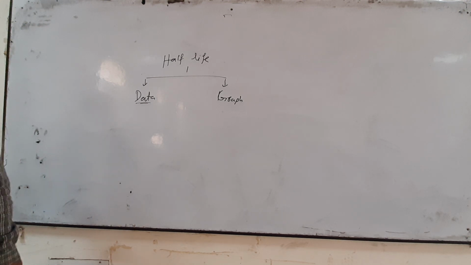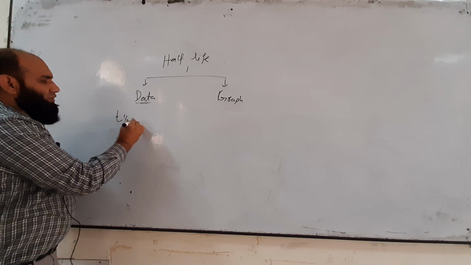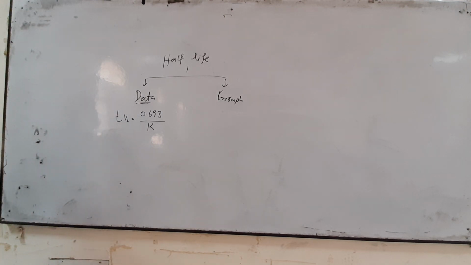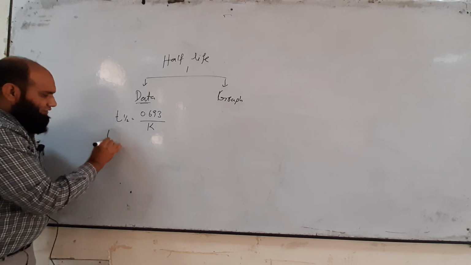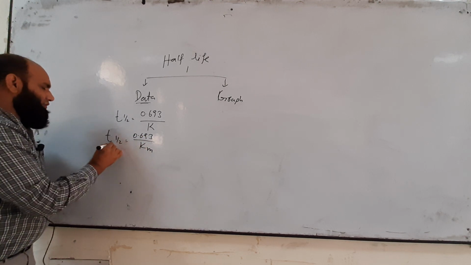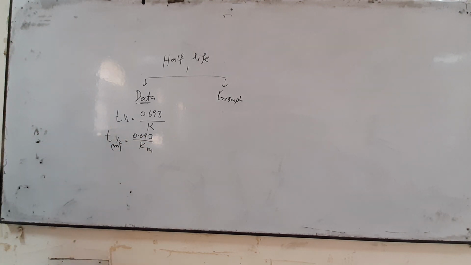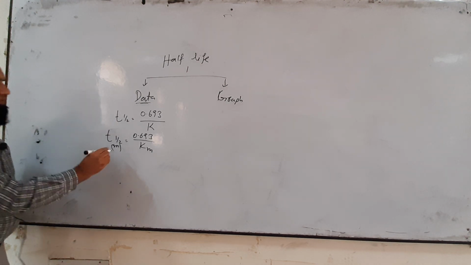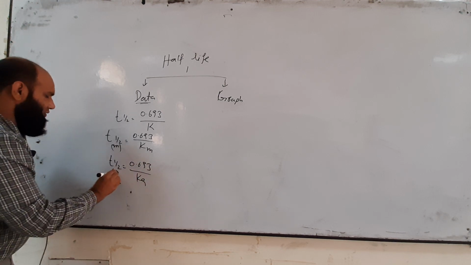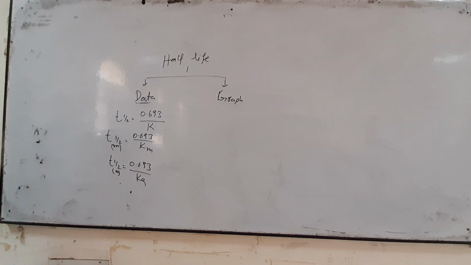The formula was T half equal to 0.693 over K. K is the actual elimination rate constant. If I change this to T half equal to 0.693 over Km, it means metabolic half-life. If T half is equal to 0.693 over Ka, it's absorption half-life. And if I change the word to Kd, it means I am discussing the distribution half-life.